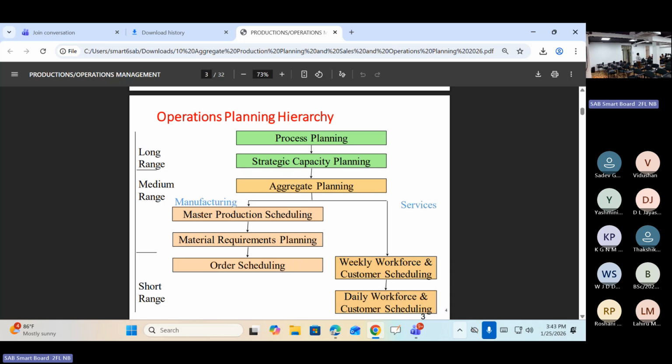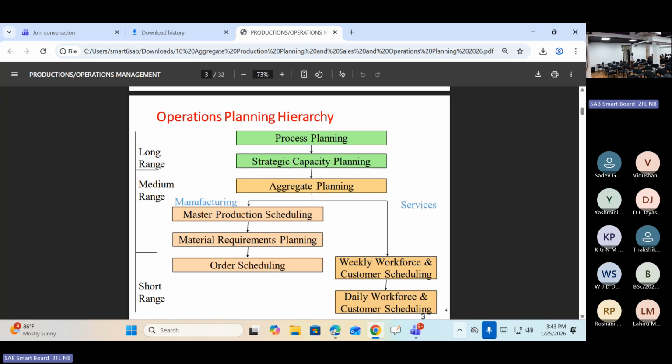Most of them are design decisions. Now, in this topic, we try to understand how to utilize operations resources for the intended purpose. What is the intended purpose? For what is the operations system designed? That is to produce products and thereby fulfill market requirements.